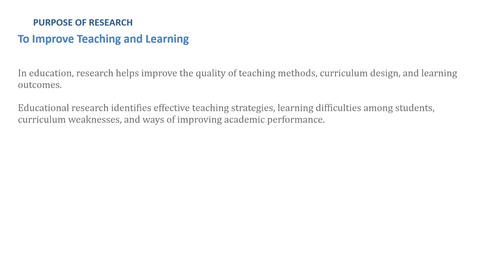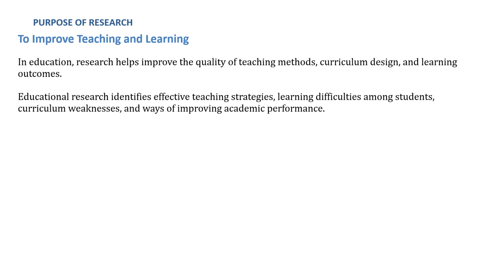Right, now another purpose of research is to improve teaching and learning. In education, research helps improve the quality of teaching methods, curriculum design, and learning outcomes. Educational research is important. Why? Because it identifies effective teaching strategies, learning difficulties among students, curriculum weaknesses, and ways of improving academic performance.